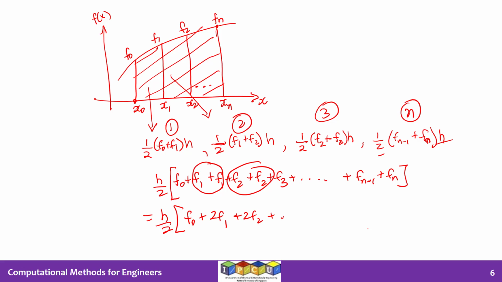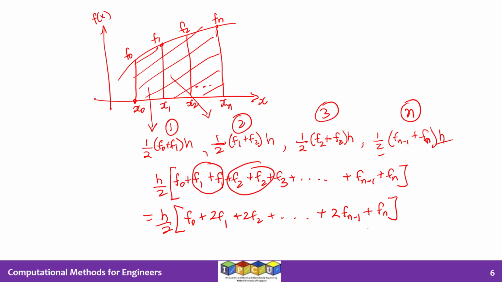So you can do that, and if you can visualize it, till fn minus 1, you are going to have two terms, one from one trapezium, one from the other trapezium. As I said in video 1, the internal points will feature in two trapeziums, one to the left and one to the right. So this 2 makes sense to us, why that happens. And the last will be just fn.